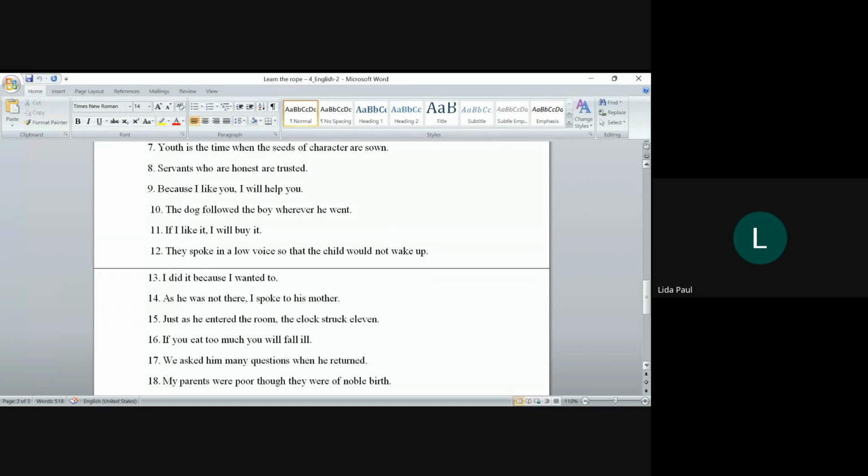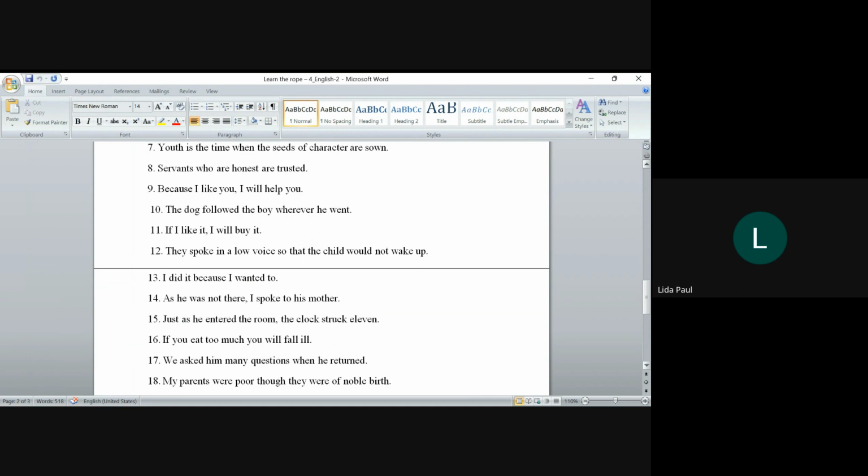Next one, I did it because I wanted to. Because I wanted to. Okay, and because I wanted to would be an adverbial clause, right? I did it because I wanted to. It's directly giving reason.